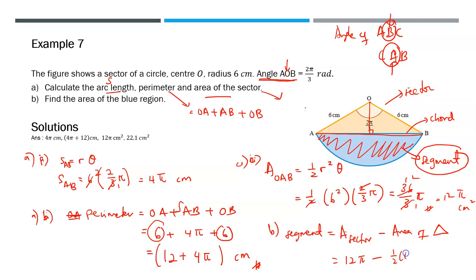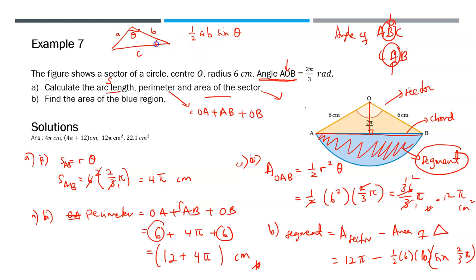So 1/2 6 sine angle 2/3 pi. Okay, ada tu formula dia. Kalau kamu ada triangle, ni tengok nanti dekat nota lah. So if you have a theta, so here is A, B, C. So area will be 1/2 multiply AB sine theta.